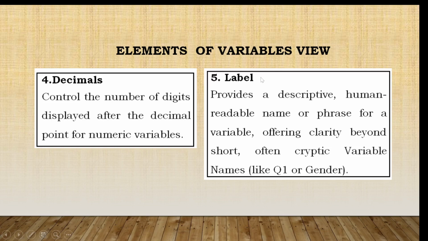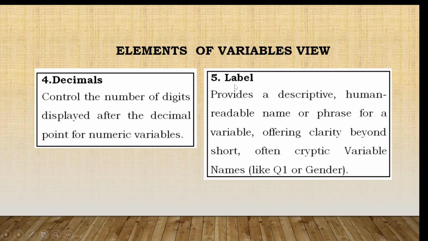Number 5 is the label. This provides a descriptive, human-readable name or phrase for the variable, offering clarity beyond short, often cryptic variable names. Why should we specify this?